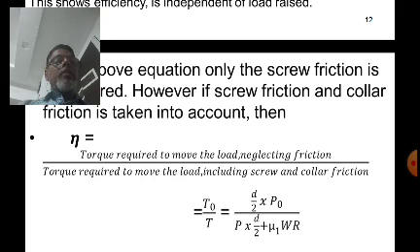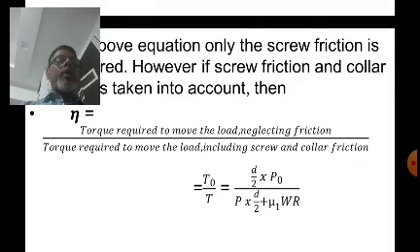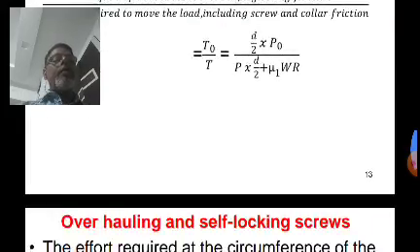So here T0 is equal to d by 2 into P0, divided by P into d by 2 plus mu 1 W into R. This mu 1 W into R gives you the torque required to overcome the friction of the collar, and this P into d by 2 is the torque required to overcome the friction between the screw and the nut, right?